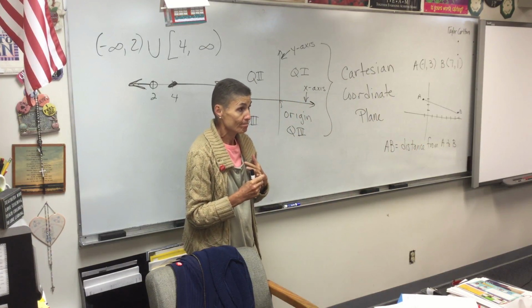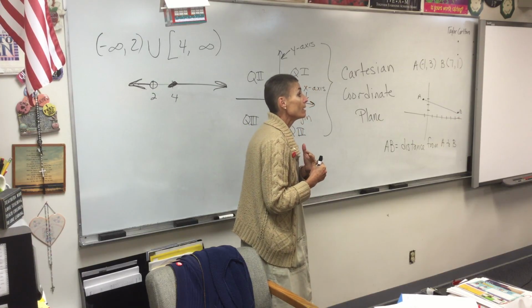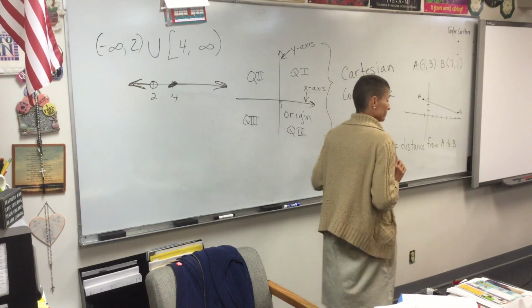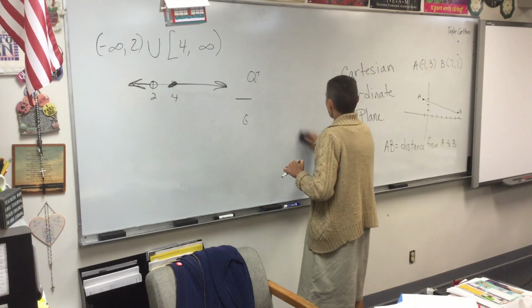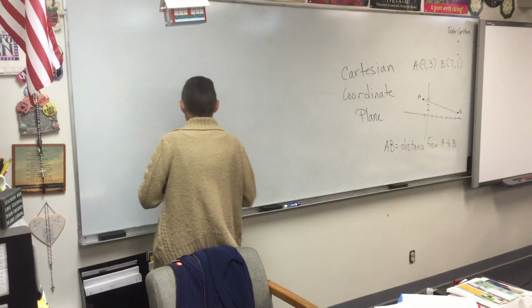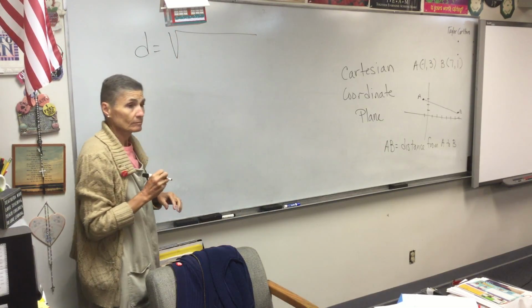You learned it. What? Oh, Mr. Witt says, is it Witt or Witty? Witt. Mr. Witt says it is a radical, a big radical. If I'm finding distance, I'm going to have a big radical.